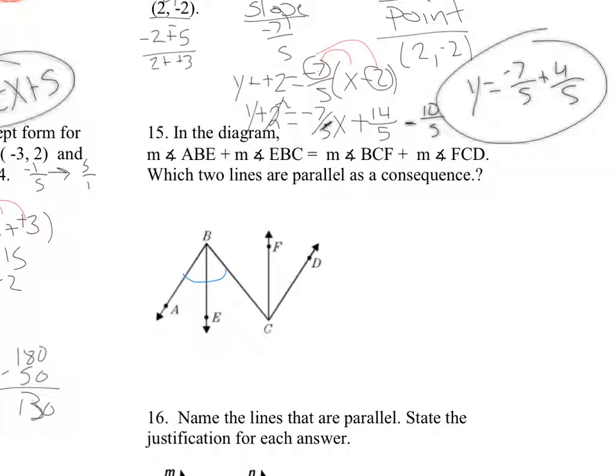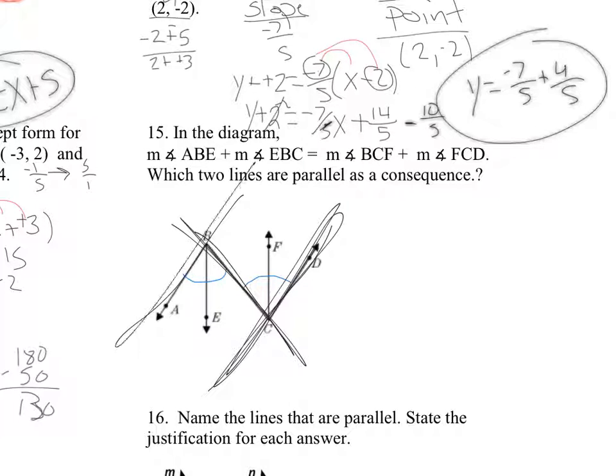You have this. You have that. This is a transversal. You can extend these to look like lines. What do those 2 angles, if we ignore BE and CF, ignore those. Sorry, there was a knock at the door. But these 2 angles, if we look at it that way, are alternate interior.